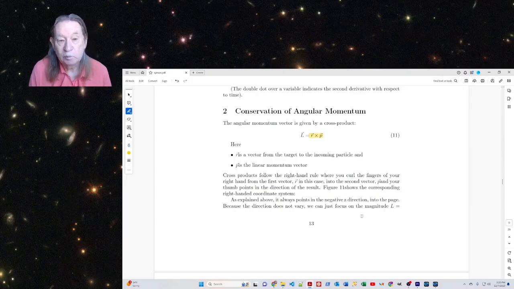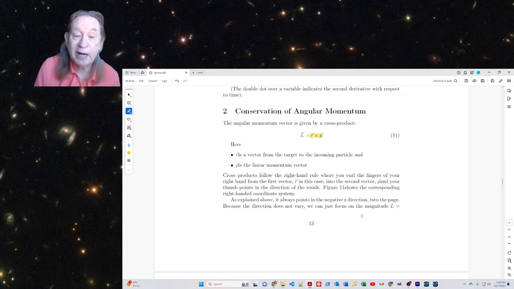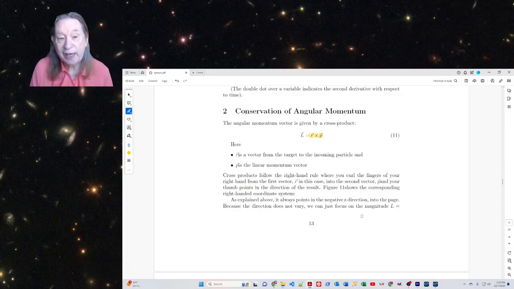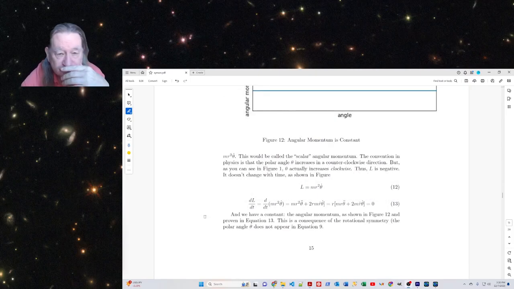Now, the cross product is perpendicular to both the vectors that get combined. So that means the angular momentum vector is perpendicular to the plane of the experiment. It always points in the same direction. So we're going to just deal with the magnitude, the signed magnitude. Now, with a little geometry, you can derive this formula right here.